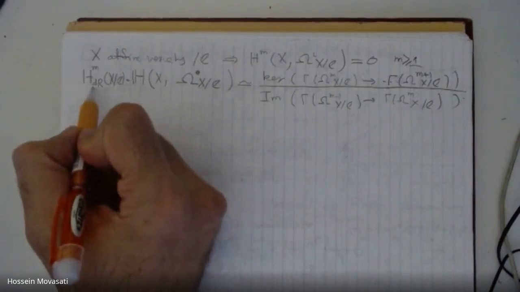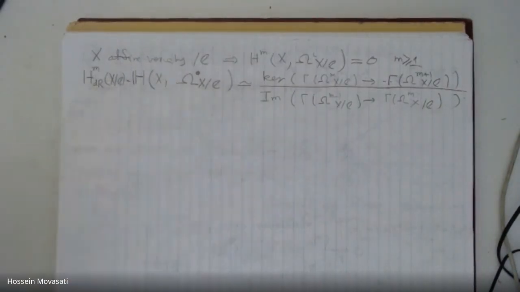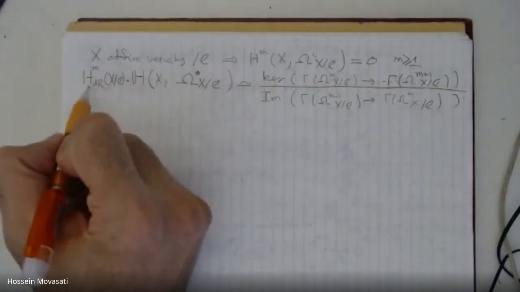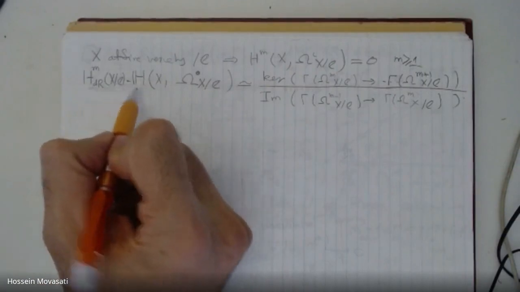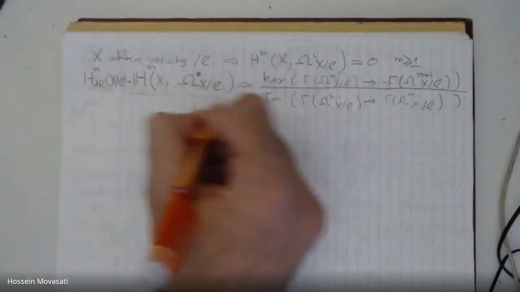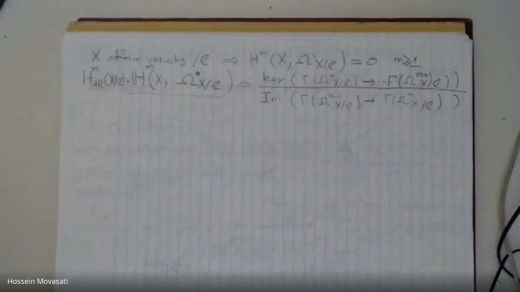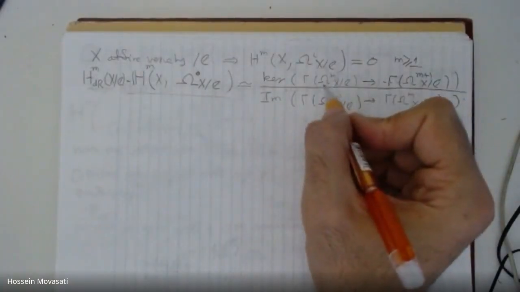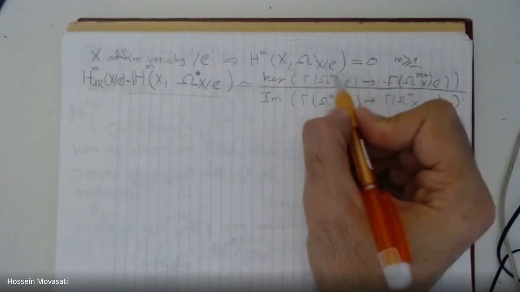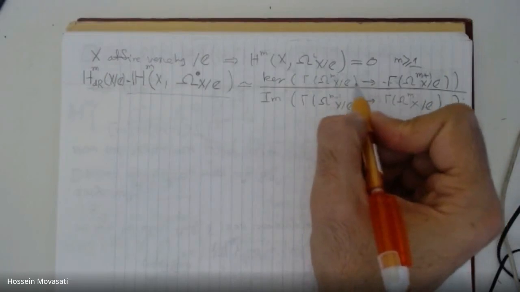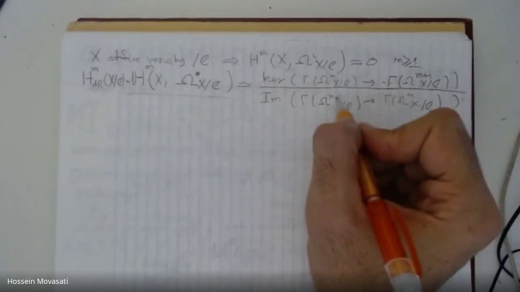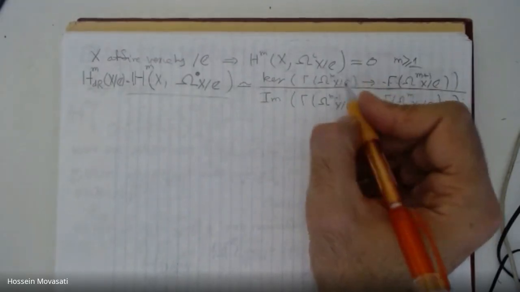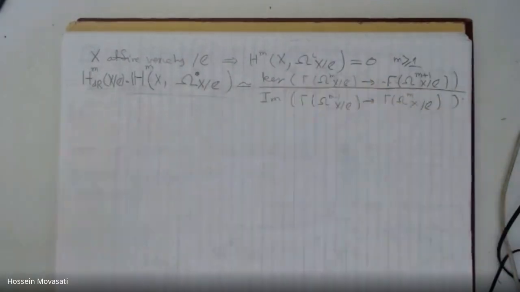It turns out that in the case of affine varieties, this hypercohomology is basically global algebraic closed m-forms divided by global algebraic exact m-forms.